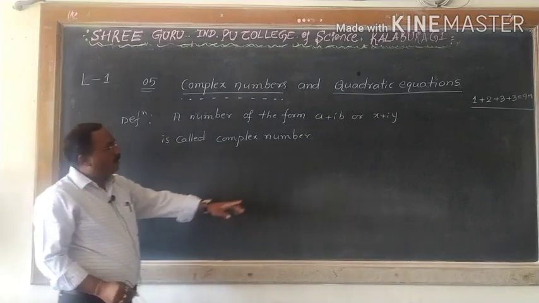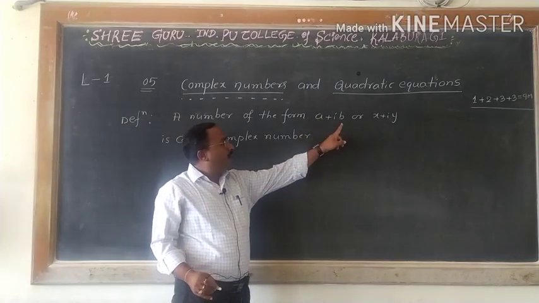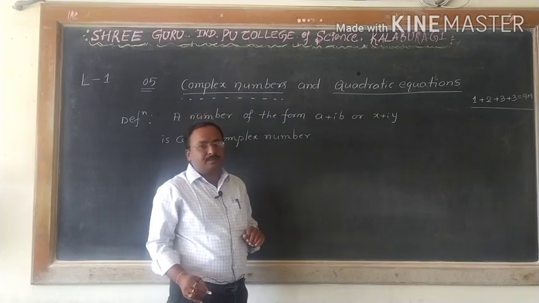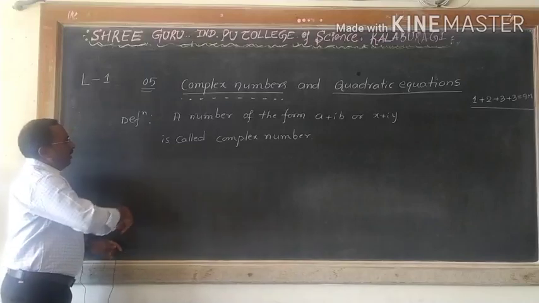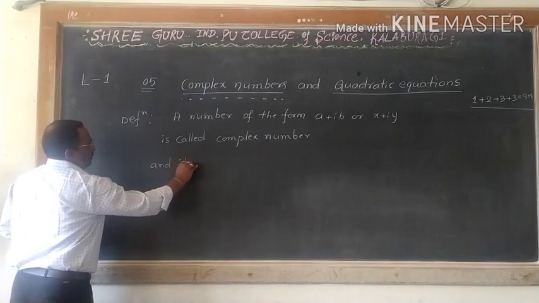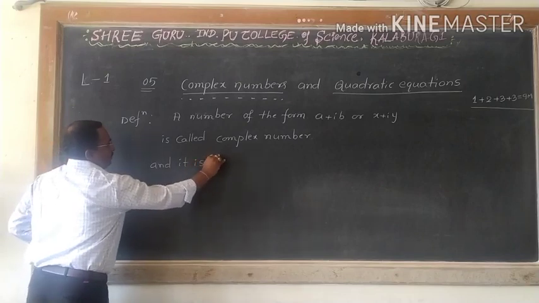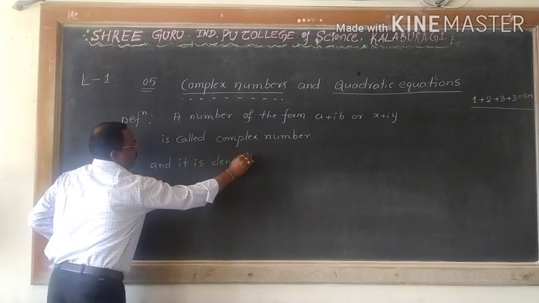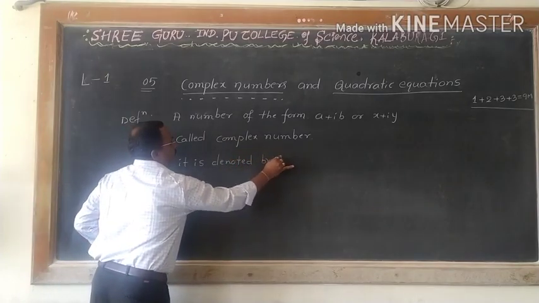Where a, b or x, y are reals, and it is denoted by z.